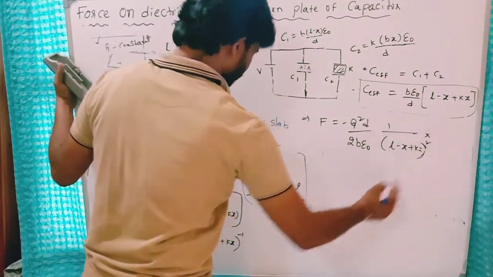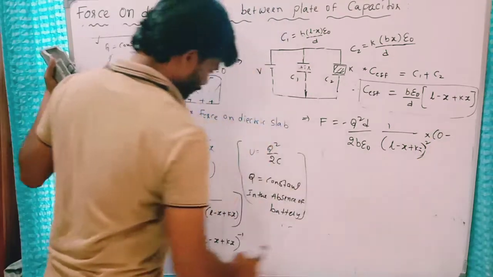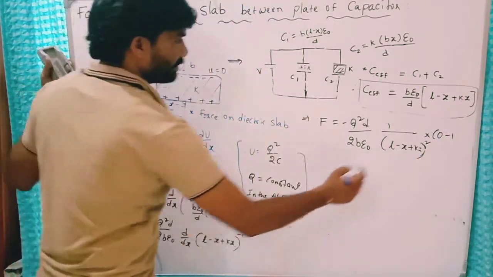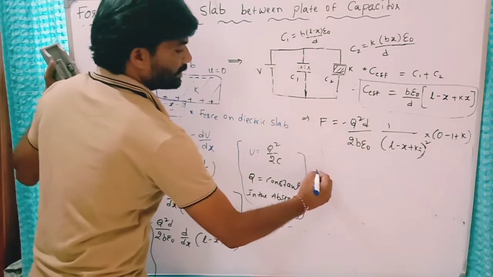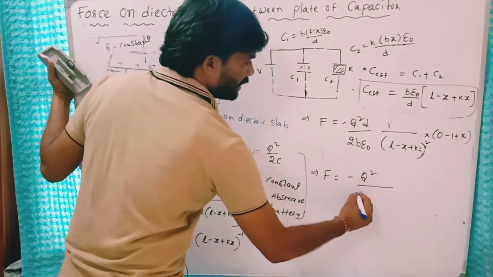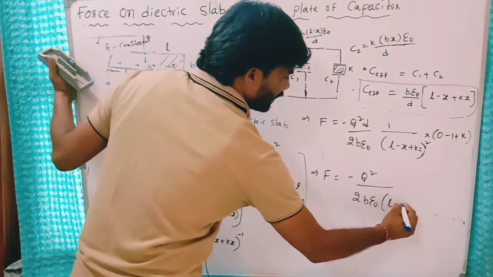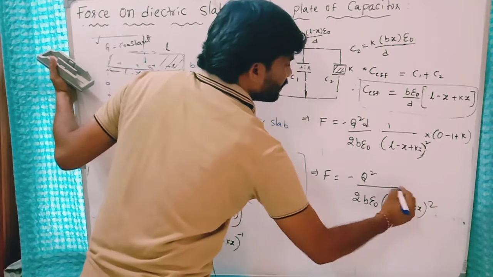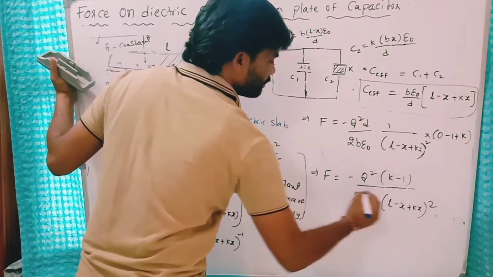What is the internal differentiation? The differentiation of L is 0, differentiation of x is 1, and differentiation of Kx is k. Now it gives F equal to minus Q square d by 2b epsilon naught times L minus x plus Kx whole square, this in the numerator, k minus 1.